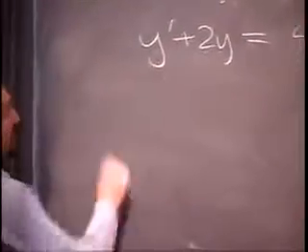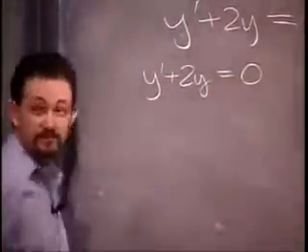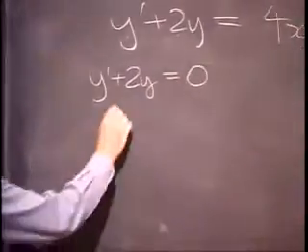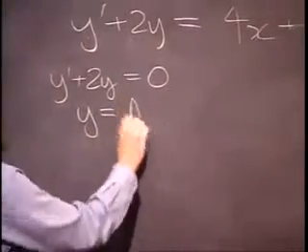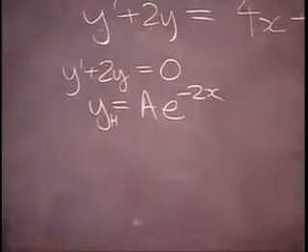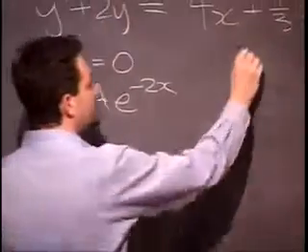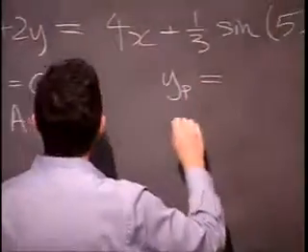So the homogeneous version is y prime plus 2y equals 0. The solution to this is y is constant a e to the minus 2x. And that's the homogeneous solution, yh. Now let's come over and guess a particular solution. This is a lot easier.